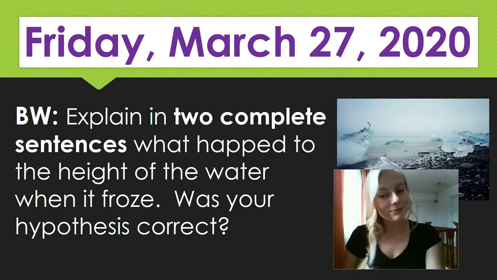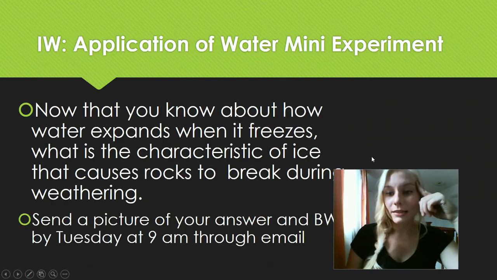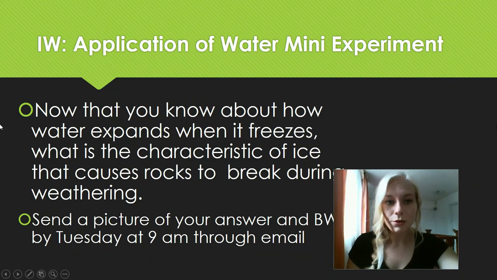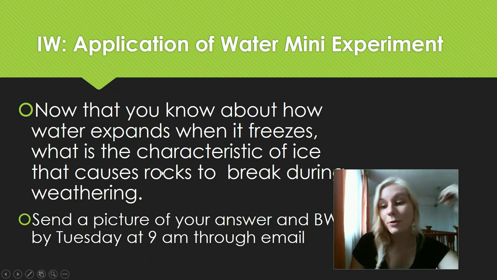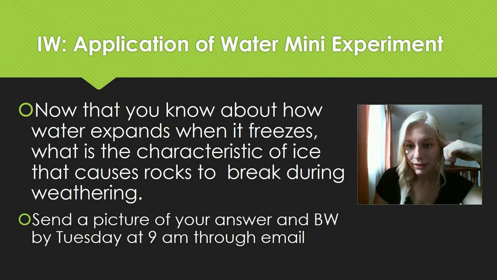And then your individual work is also really easy. So what you're going to do is you're just going to apply what you've learned from the mini experiment that we did on Wednesday to this question that says, now that you know about how water expands when it freezes, what is the characteristic of ice that causes rocks to break down during weathering?